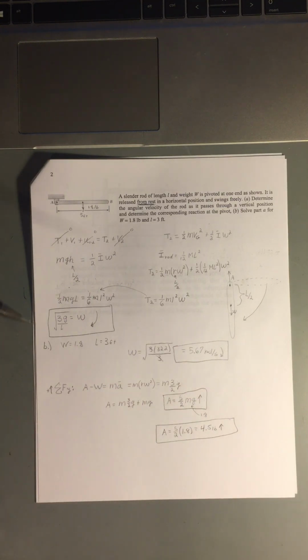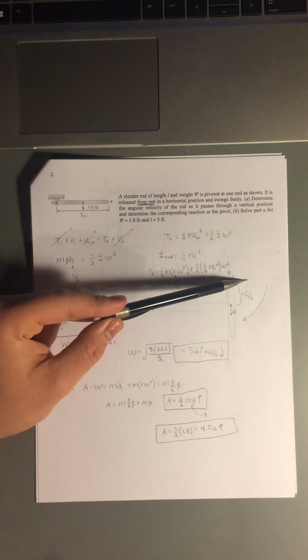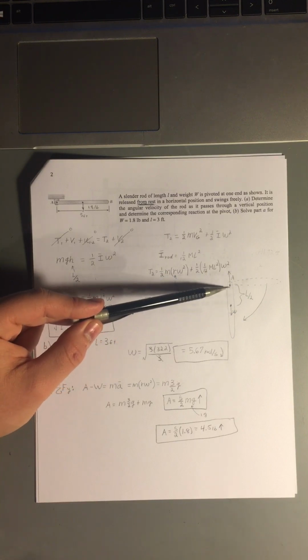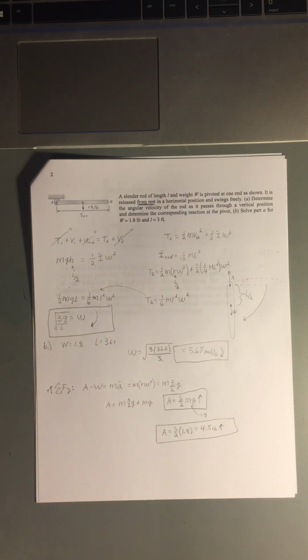And then for the potential energy before, we know that the height will actually be L over 2, this distance from here to here. And that's because if we look at this picture here, once this rod falls down, this distance here that it fell will actually be L over 2.